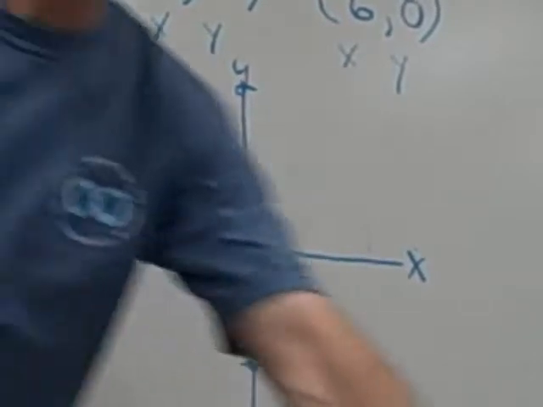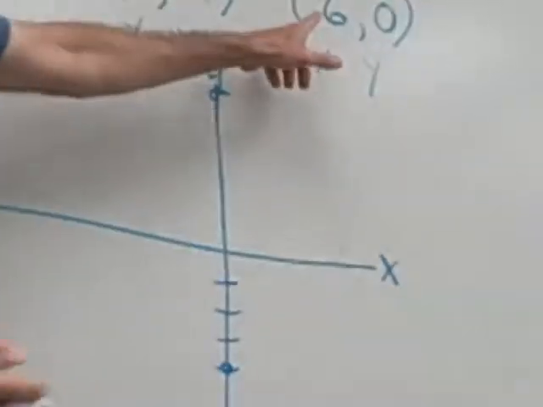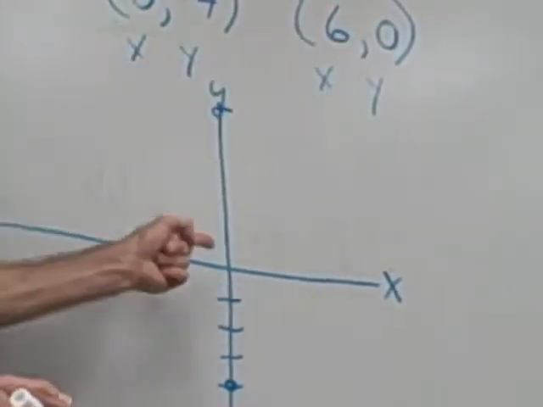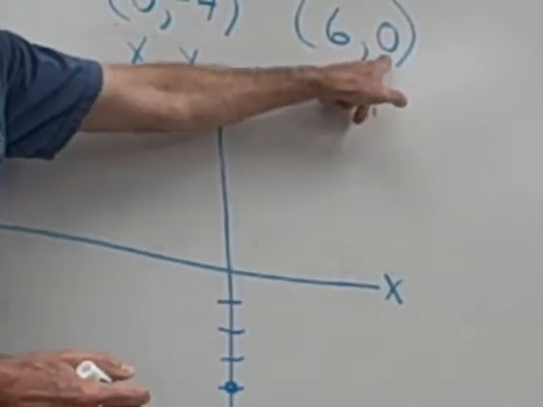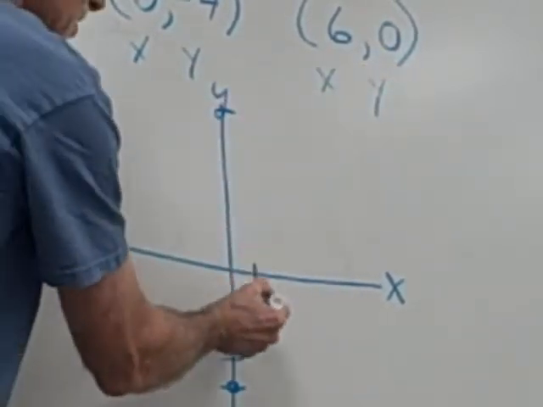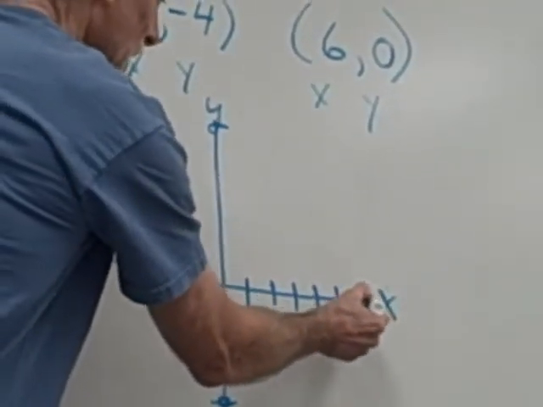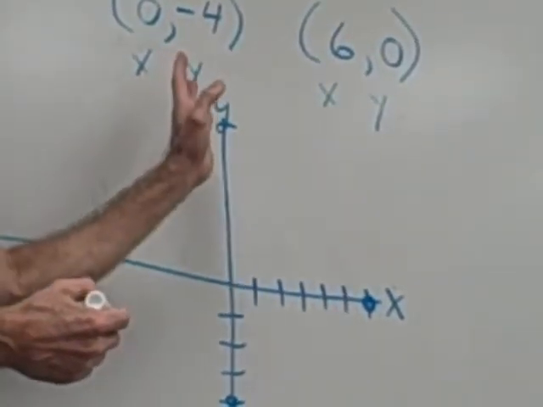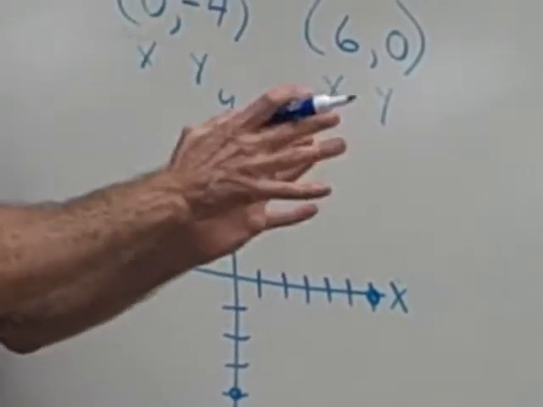The words horizontal and vertical are in alphabetical order, just like the letters X, Y. Now the other point: horizontal, 6. Vertical, nothing, right? Horizontal, 6: 1, 2, 3, 4, 5, 6. You make both moves before you draw your dot. You make your horizontal move, then your vertical move, then you draw your dot.